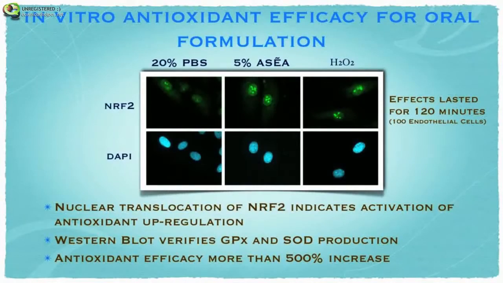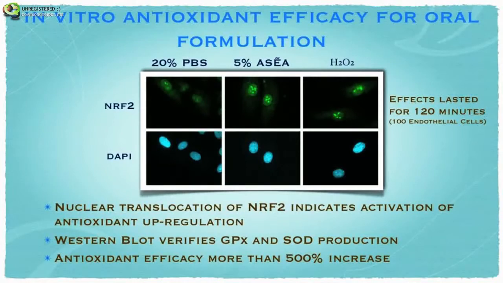Using a standard Western blot analysis, cells exposed to ASEA activated the nucleus to call for an increased production of these antioxidants. This was measured by looking at transcription factors like NRF2 and DAPI. These were dramatically affected, and there was dramatic movement toward the nucleus, indicating increase in production. This effect lasted for more than 2 hours and was quite astonishing.